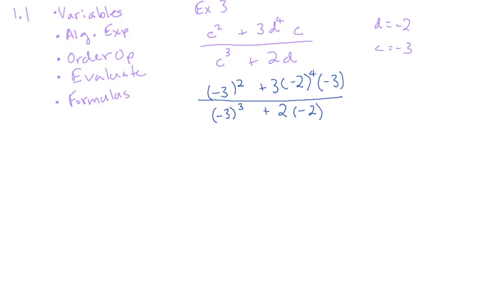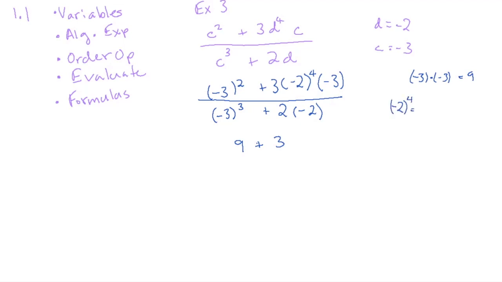Okay, so let's work through these one at a time. This first one is -3 squared, which, as we did before, was -3 times -3, right? -3 times -3 gives you +9. So the first slot at the top is just 9. Now, if we evaluate this portion right here, we'll just have 3, and then we'll have -2 to the 4th power.